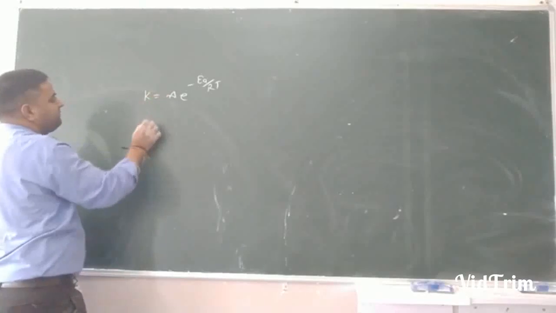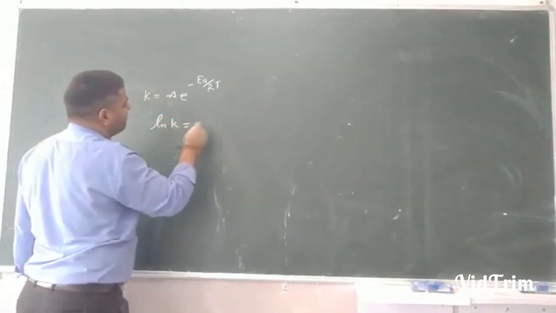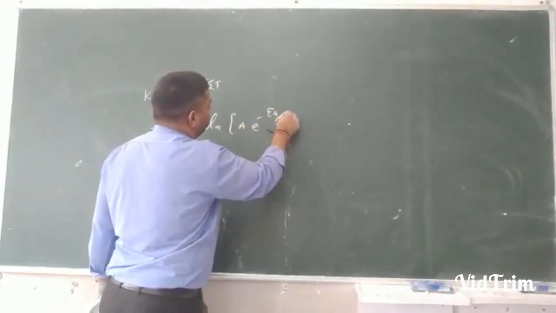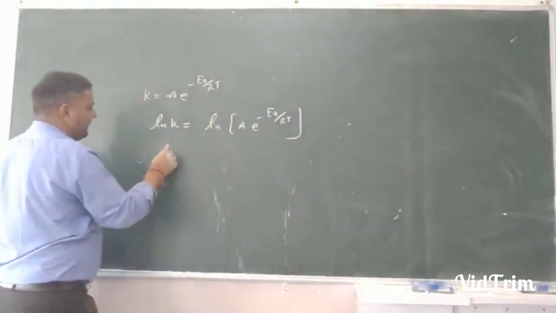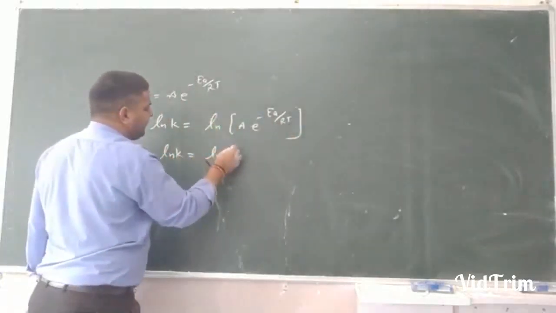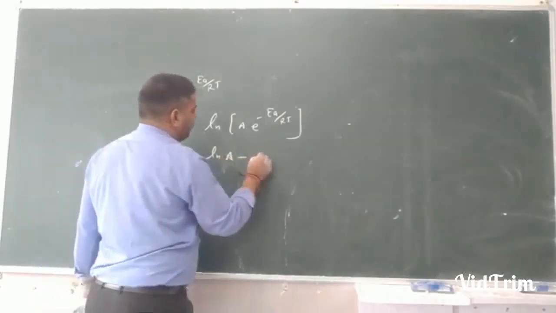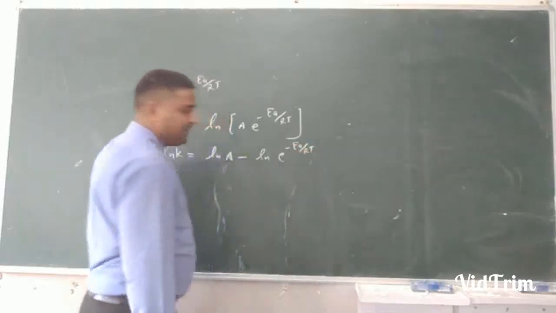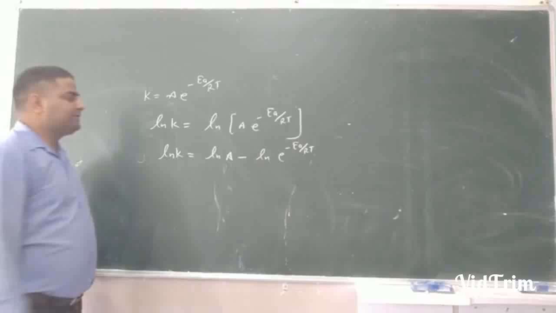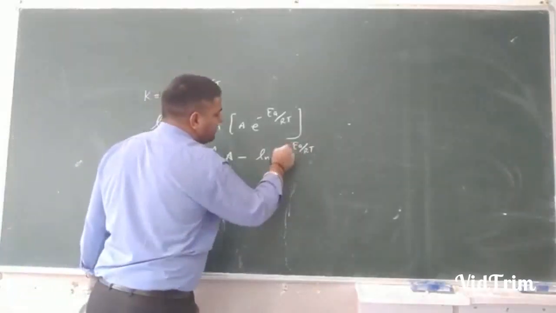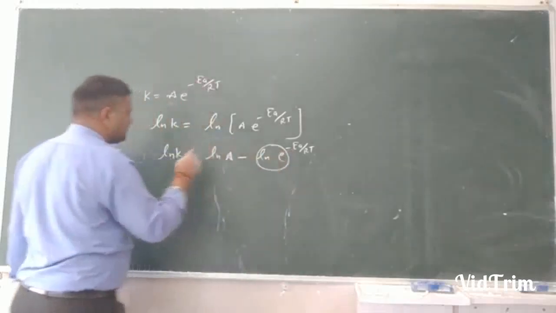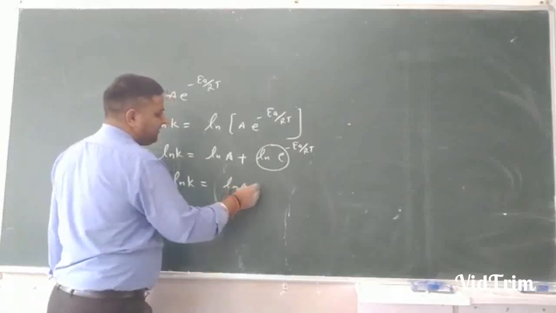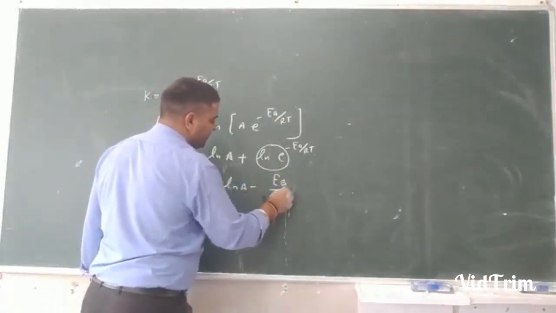That is natural logarithm: ln k = ln A e^(-Ea/RT), so ln k = ln A + ln e^(-Ea/RT). And we know that ln e is 1, so the exponent comes down with its sign. So ln k = ln A - Ea/RT.